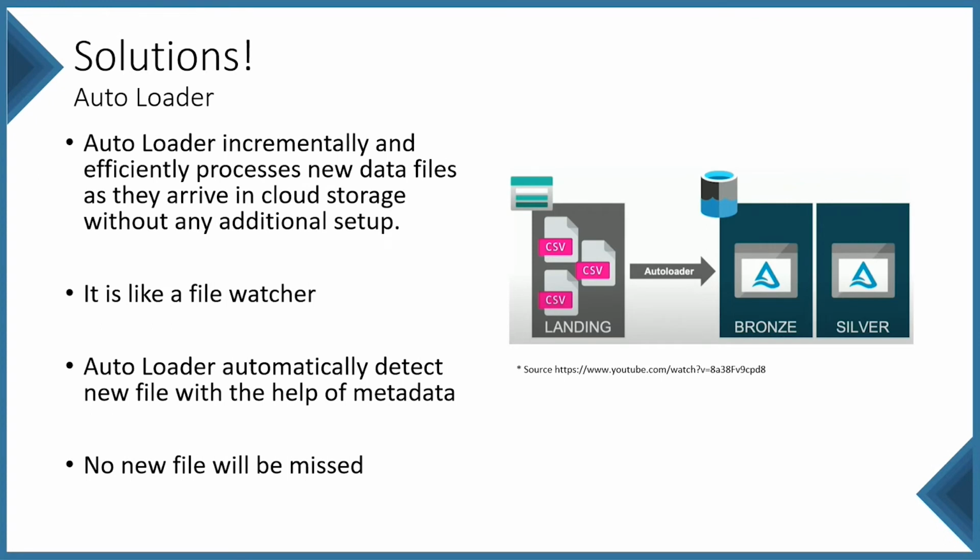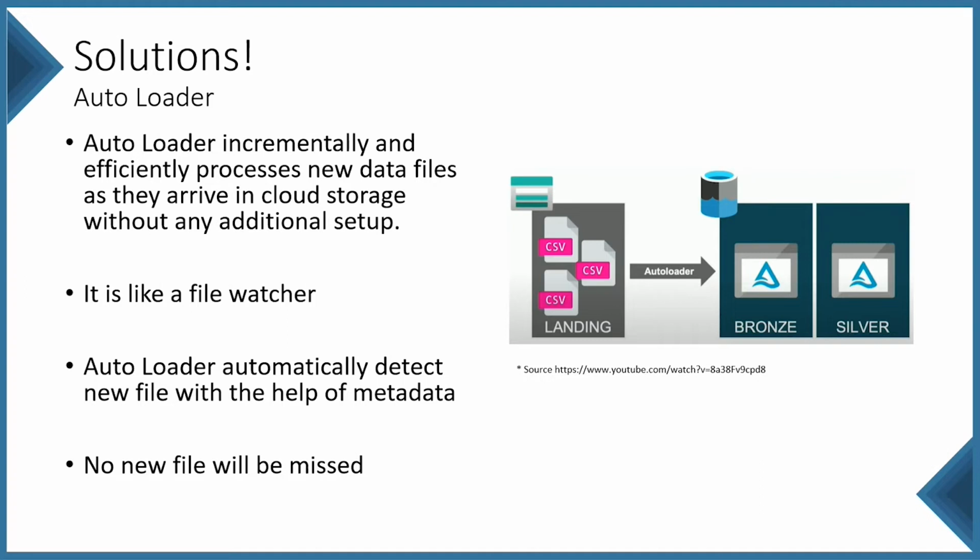The simple approach is Autoloader, which was recently provided by Databricks, and Autoloader is a tremendous tool which solves your incremental data challenges. It is like a file watcher, which you can treat as continuously watching your directory in which new files arrive. Once a new file arrives, behind the scenes Autoloader maintains a queue, and in the queue it has all the information about which files were already processed and which are new.